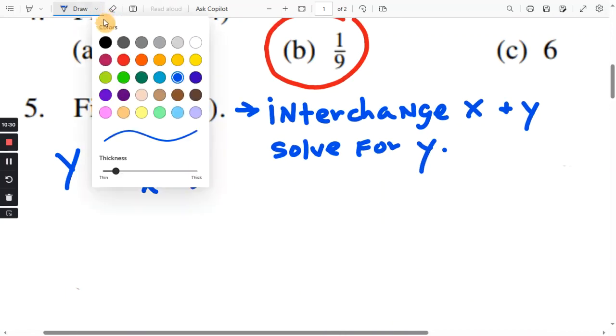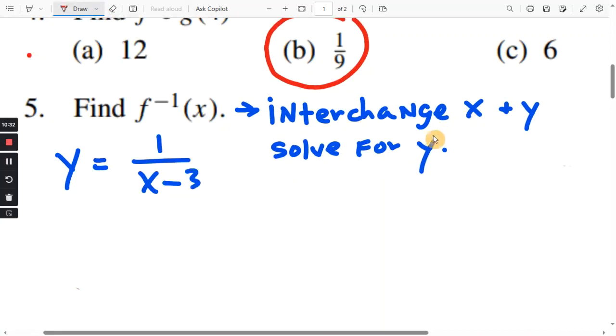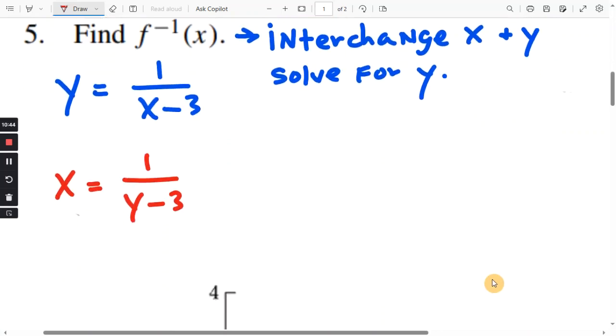So that's the original. Now we're going to interchange the x and y. The y becomes an x, and that equals 1. The x becomes a y. And now we're in business. We need to solve for y.